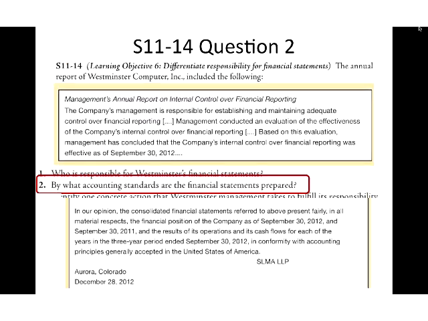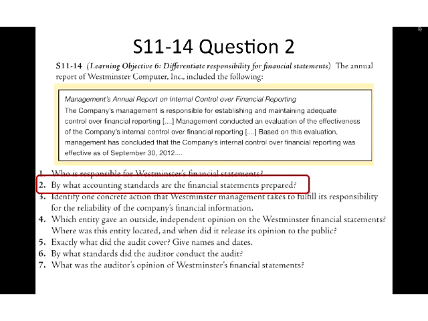We don't need this excerpt to know the answer to that, but management is responsible for financial statements. Next question: by what accounting standards are the financial statements prepared? We can have some choices. The top two choices are generally accepted accounting principles, or GAAP, or IFRS, which is International Financial Reporting Standards.